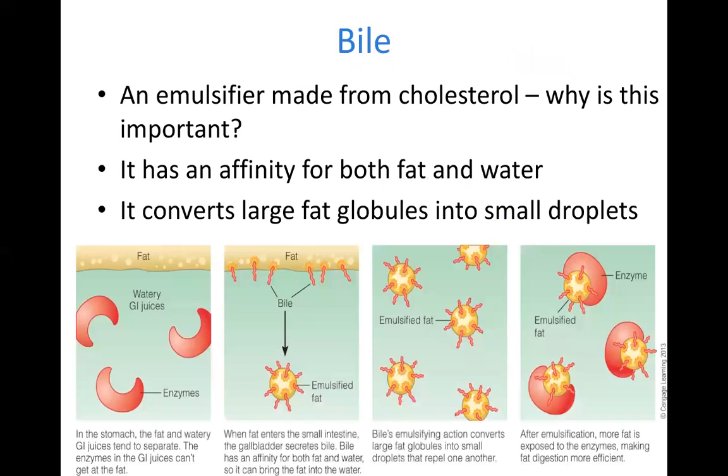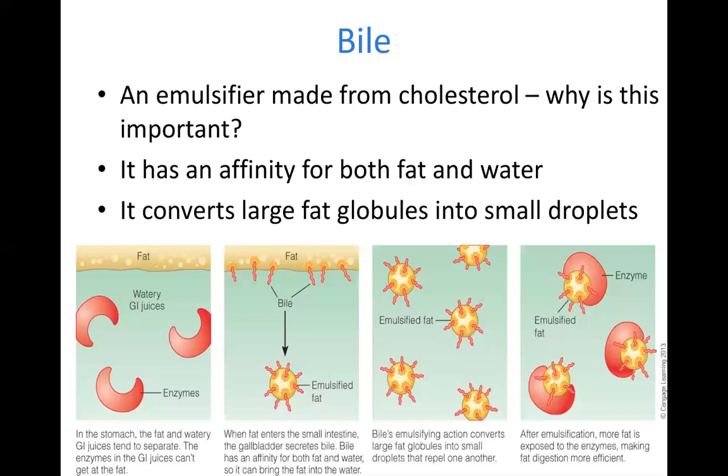Emulsifiers, we make them from cholesterol. Cholesterol is the base for bile. Bile acts as an emulsifier to take large pieces of fat, break them off into much smaller pieces, and then surround them with bile, which has a charge, and bile can interact with both the fatty component of the triglyceride and the water.